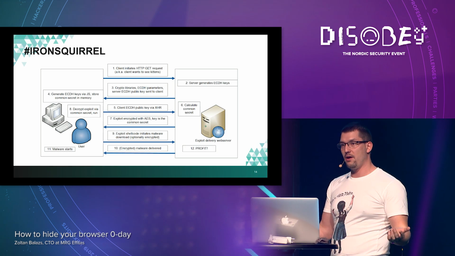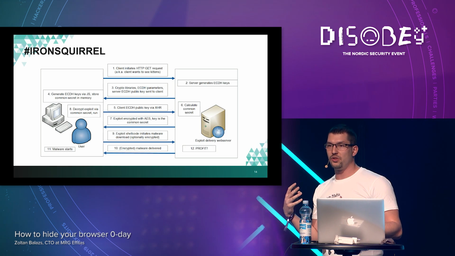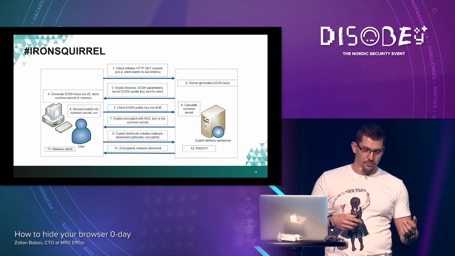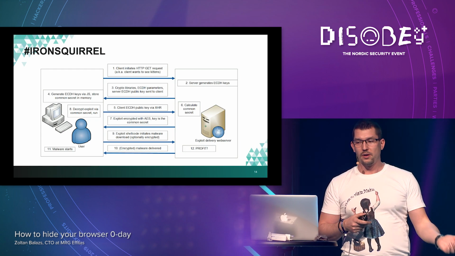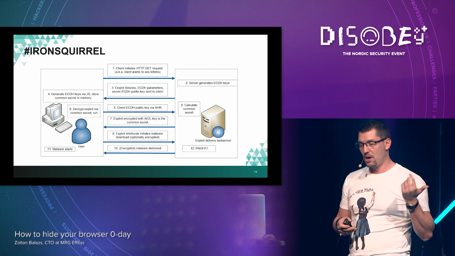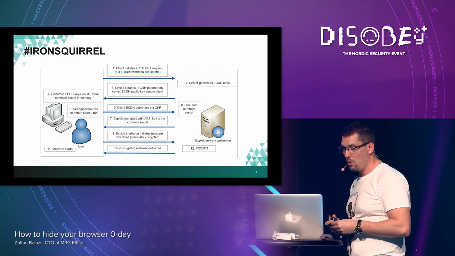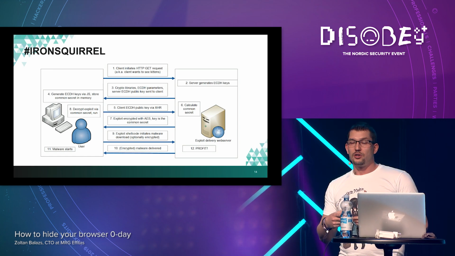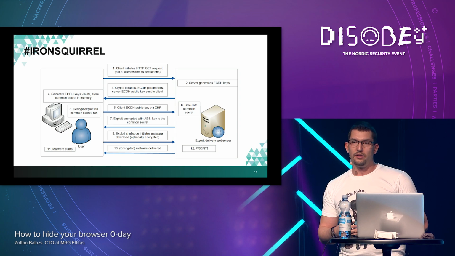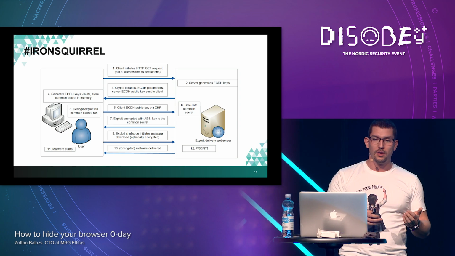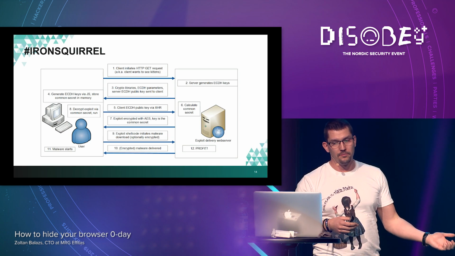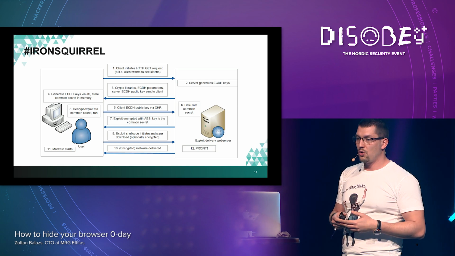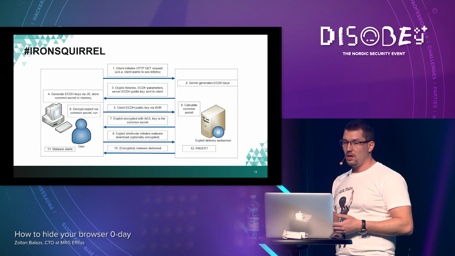Now that they both have the same common secret in memory, the server can encrypt all the following traffic. In my example, I'm using AES, but you can use whatever you want. So now the actual exploit code will be sent in an encrypted fashion to the victim browser. The victim browser will decrypt the exploit code in memory and run it in memory.